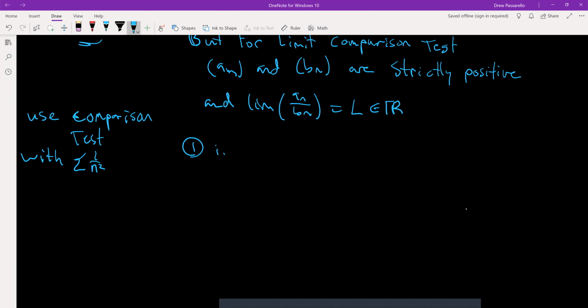If L is greater than 0, then the series an converges if and only if bn converges.